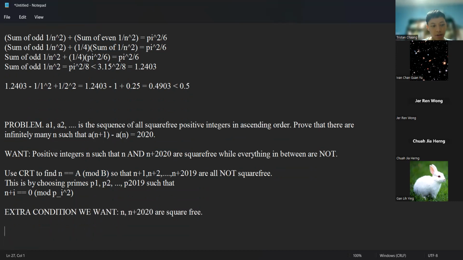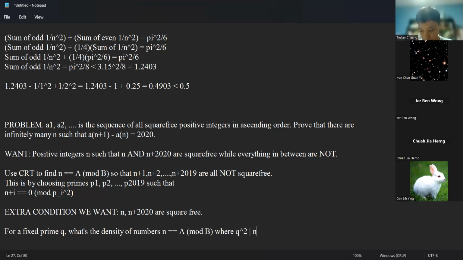So again, we are going to do some density bounding. For a fixed prime Q, what's the density of numbers n congruent to A mod B, where Q squared divides n?